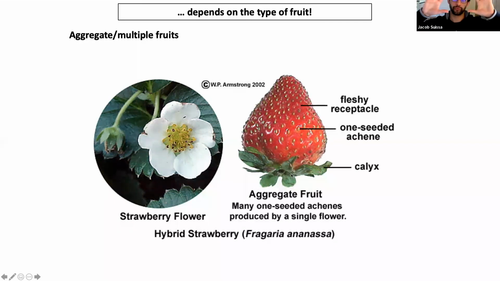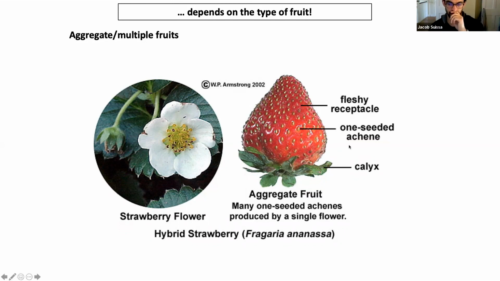An aggregate fruit is a fruit that has many individual ovaries that are fused together. So it's one flower, many fruitlets, I guess. This is fundamentally different from a multiple fruit, which is one fruit that's derived from many flowers. Does that make sense? We'll get into that in a second.